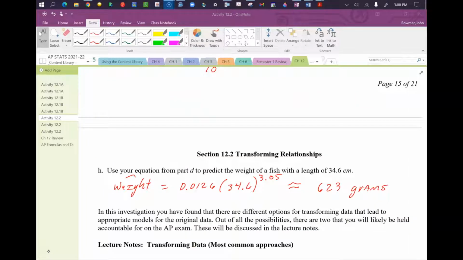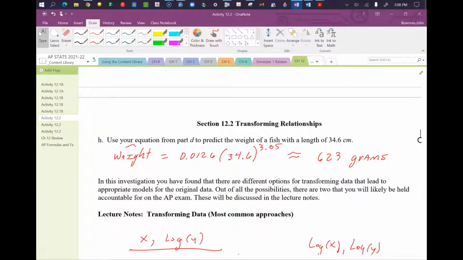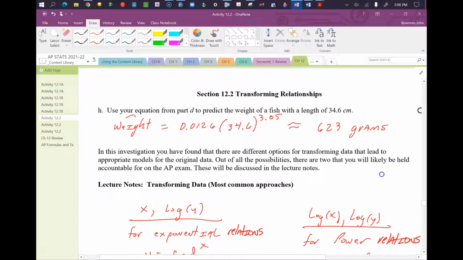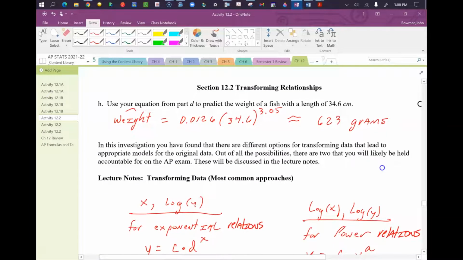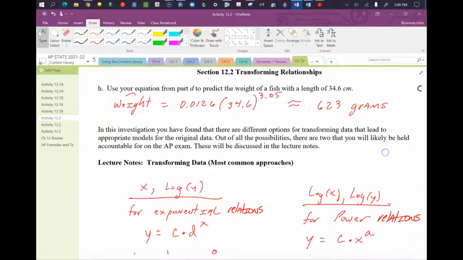If taking the log of x and plotting y versus log x linearizes the data, you have a logarithmic relationship. If plotting x versus log y transforms the data to be linear, then you have an exponential relationship. And if it requires you to take log x and log y, then you have a power relationship like the example that we did.